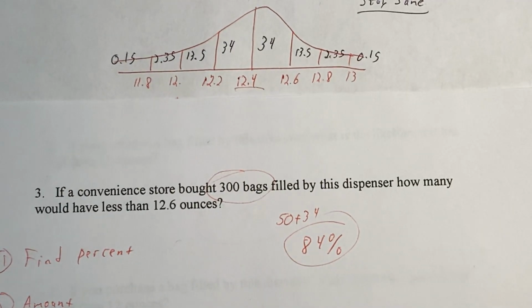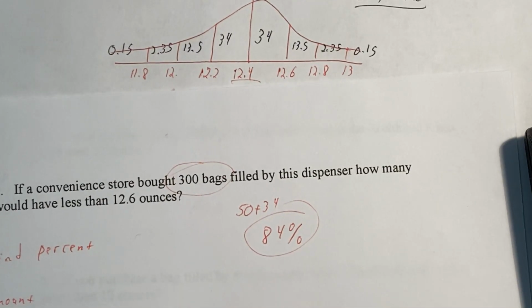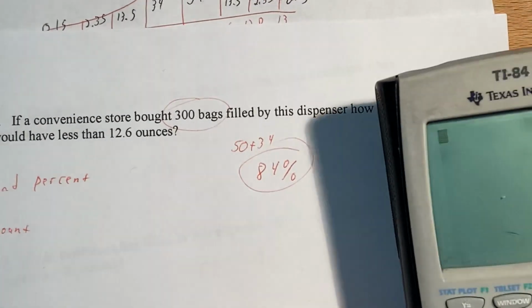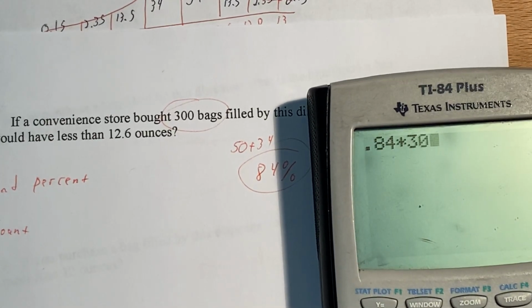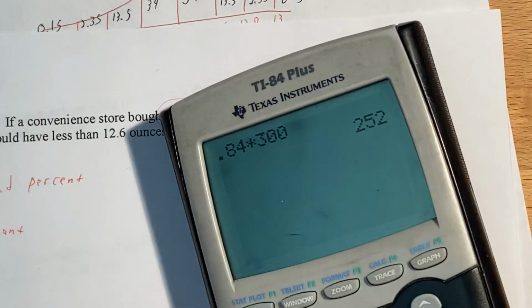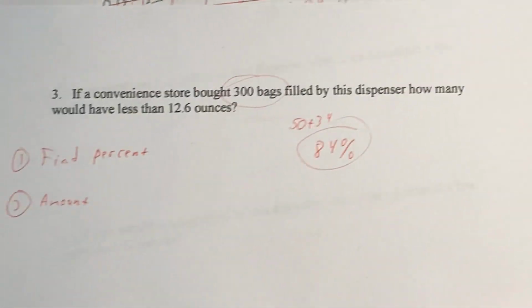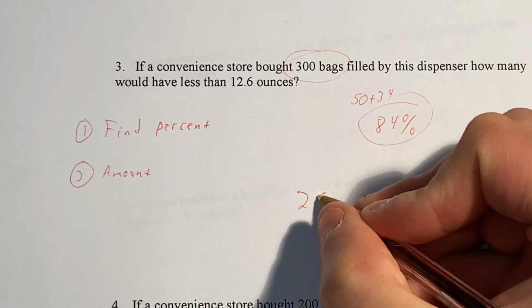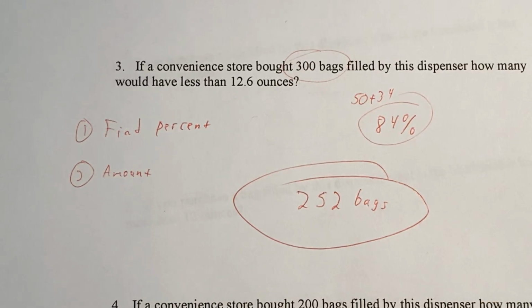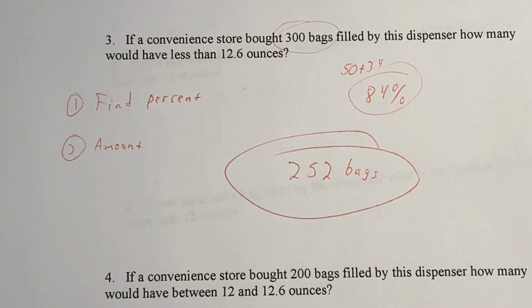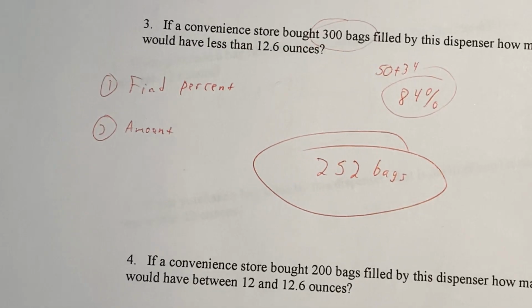If you don't know how to do that, 84% is the same thing as 0.84 as a decimal, and you just multiply that by 300. So 252. So 252 bags will have less than 12.6 ounces. Why is that useful? I don't know.